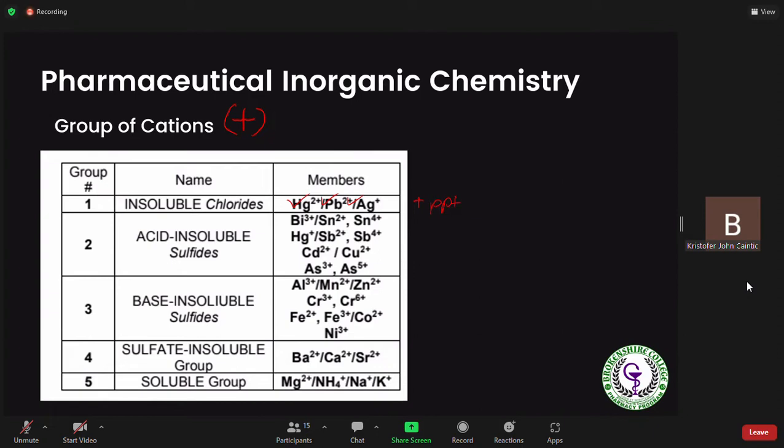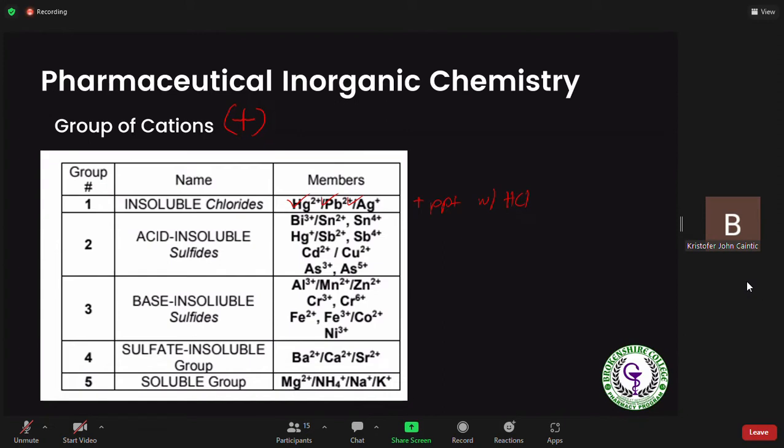in the presence of hydrochloric acid. So again, your group 1 will form a precipitate under hydrochloric acid. While your group number 2, the distinctive thing about group number 2 is that they do not react.